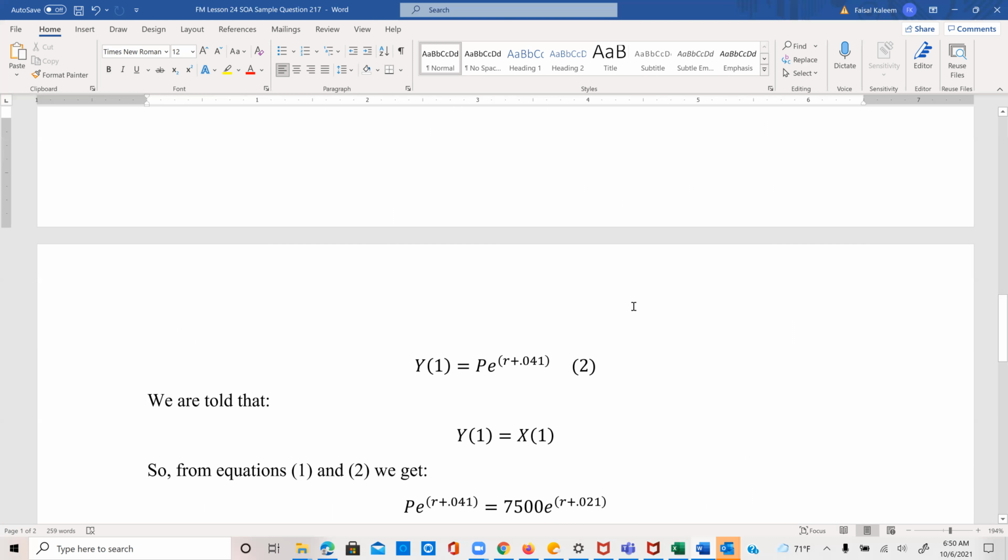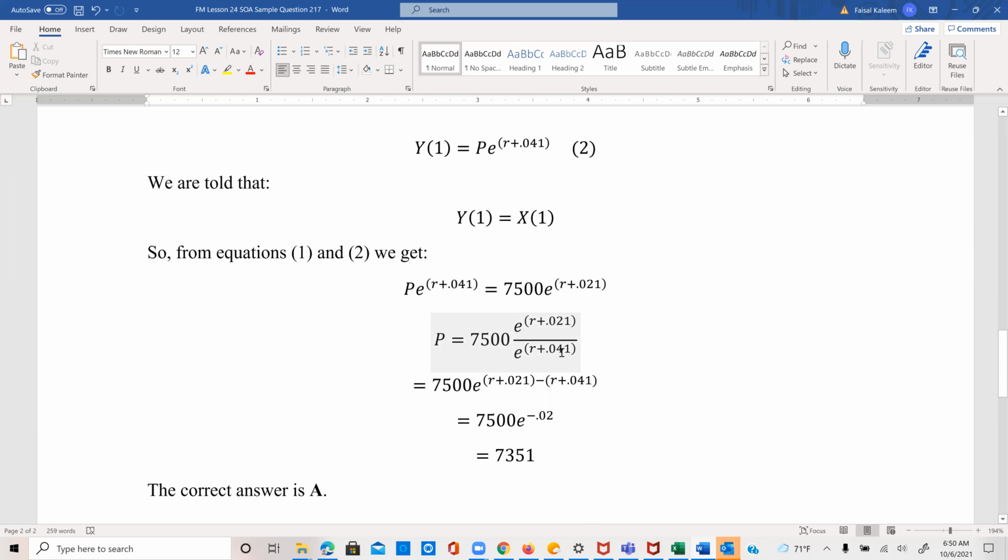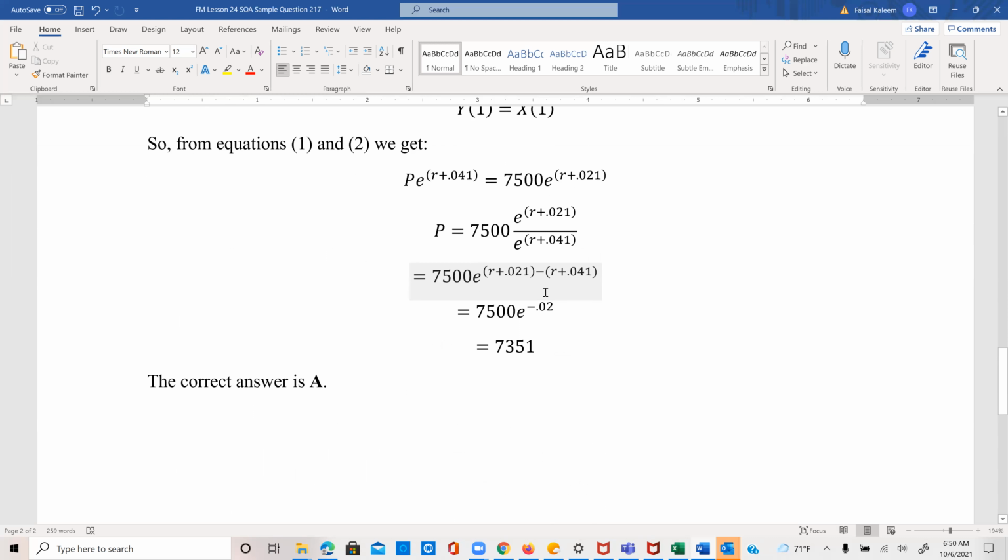So Y(1) is equal to X(1): P e^(R+0.041) equals 7,500 e^(R+0.021), and we are to find P, the principal for loan Y. So you divide both sides by e^(R+0.041), and by basic algebra the exponents get subtracted when it's division, and the R's cancel out, and you have 0.021 minus 0.041 when you distribute the negative. This ends up being 7351, and that was choice A.